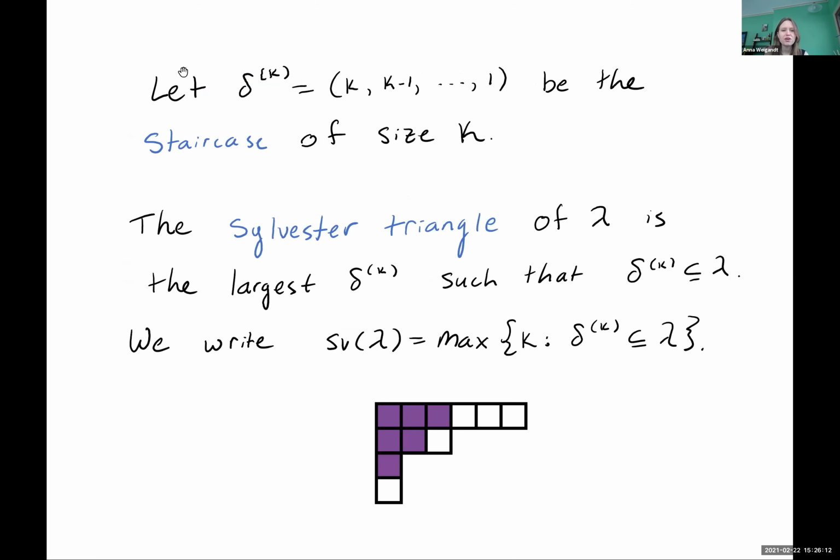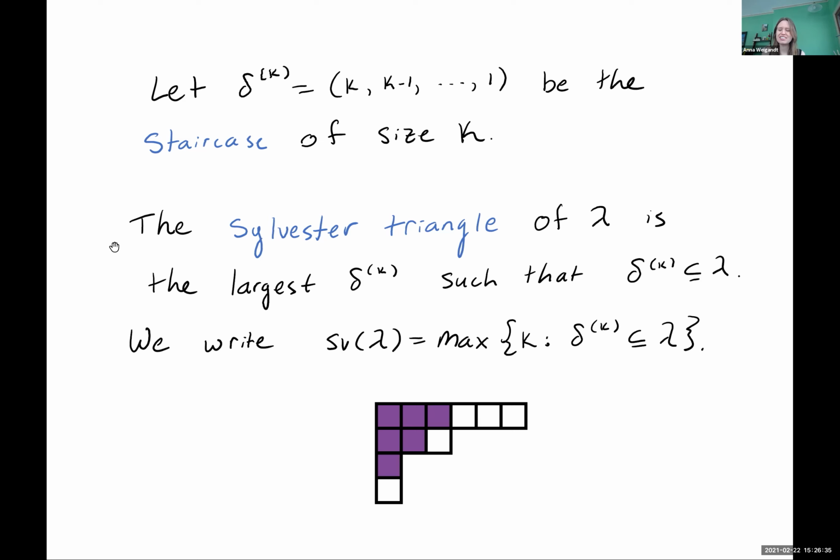Then there are special partitions called staircase shapes. These are partitions of the form k, k-1, and so on down to 1. So this delta k is the staircase of size k. Then the Sylvester triangle of a partition is the largest staircase shape that fits inside your partition.